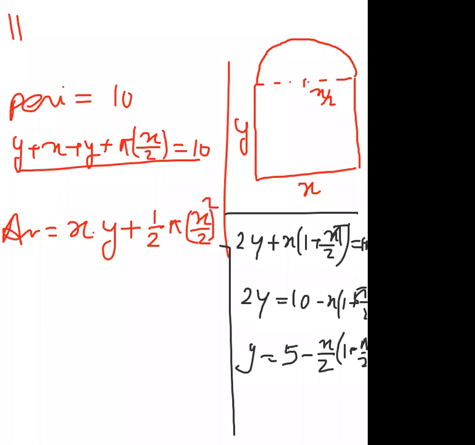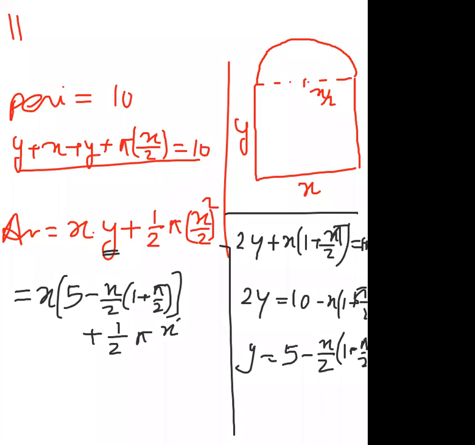The value of y we will put over here: x times 5 minus x by 2 times 1 plus pi by 2, plus 1 by 2 pi x square upon 4. This becomes a function of x. After making it a function of x, now we need to solve it.